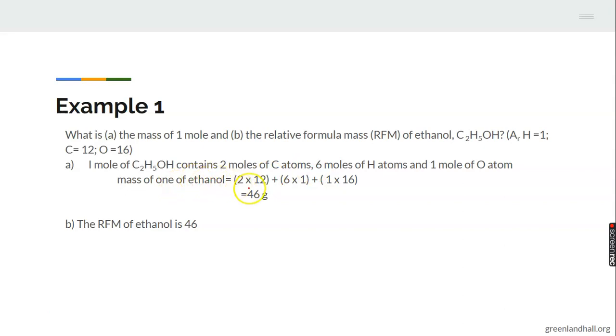Just work out the number of that atom times the relative atomic mass, then you add everything together for the compound. That gives you the mass of 1 mole of that compound, which is ethanol. The second one, if you just write it without putting the units, is known as relative formula mass. Can you now differentiate between the two?